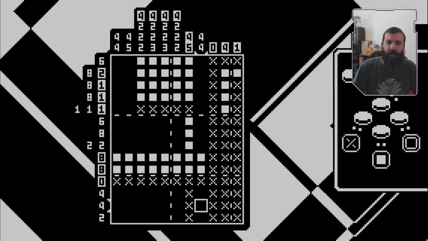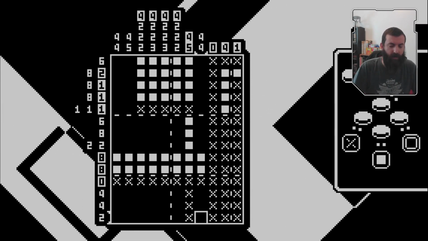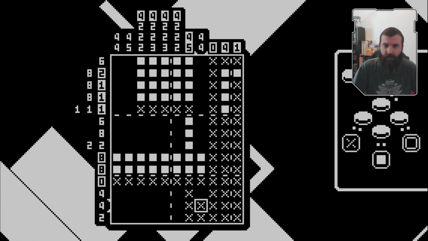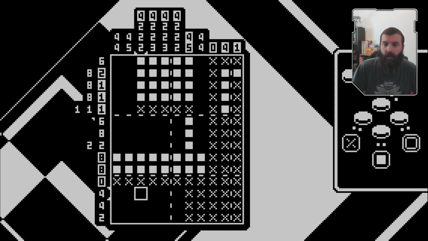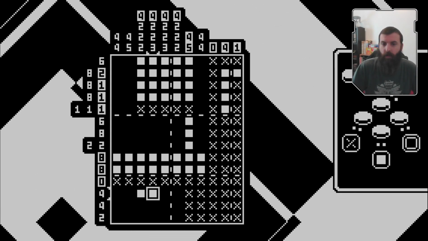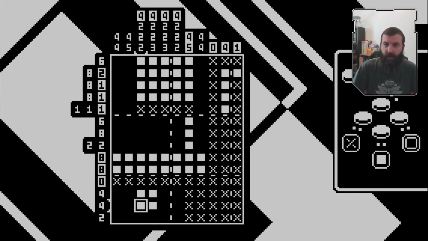We can't fit a 4 or a 2 in here, so this horizontal 4 and horizontal 2 can't be here. Horizontal 4 would have to have these spots filled in.